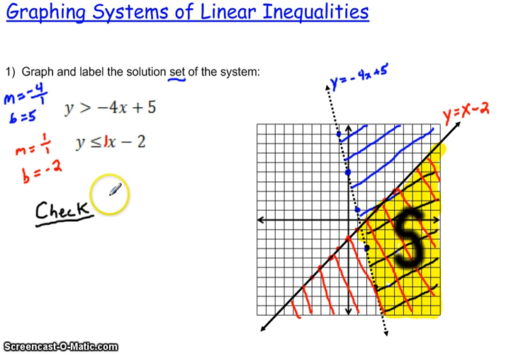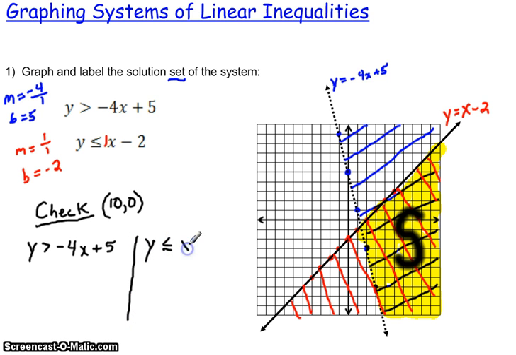So I'm going to use 10, 0, and I'm going to see if it checks. I have to check it with both. The first one is y is greater than negative 4x plus 5. I'm also going to check it with the other one, y is less than or equal to x minus 2.